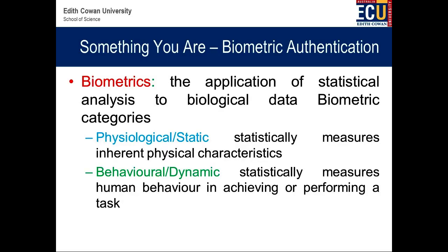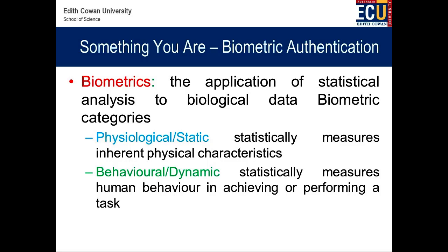What is a biometric? A biometric is the application of statistical analysis to biological data, biometric categories. So what is biological data? Our fingerprints are our biological data, our handprints, our face, our DNA, our iris, our retina. These all are our biological data.